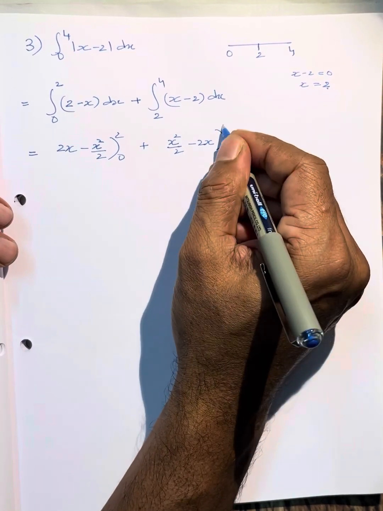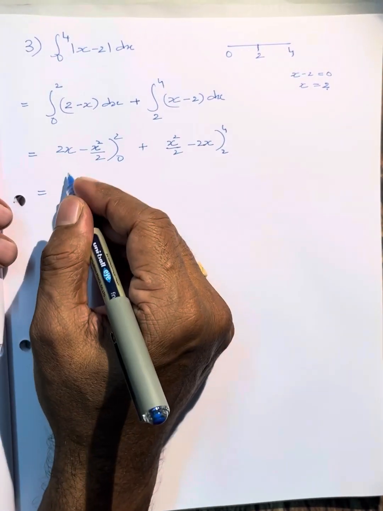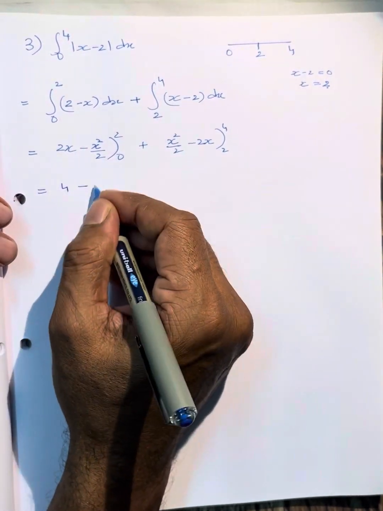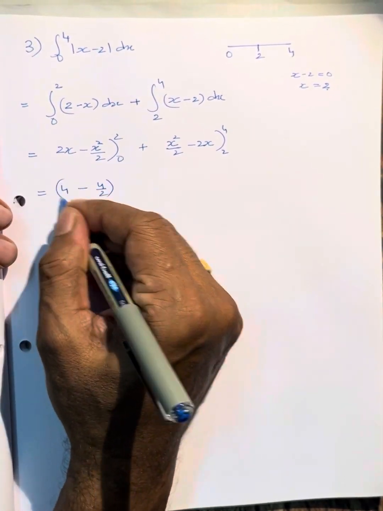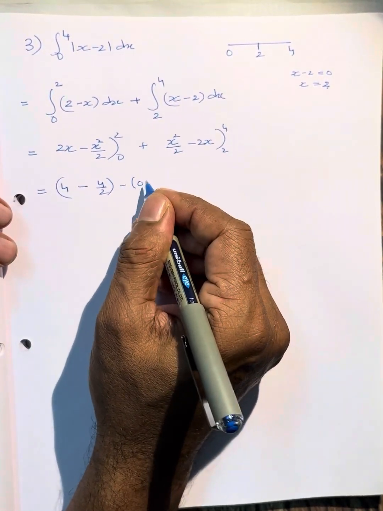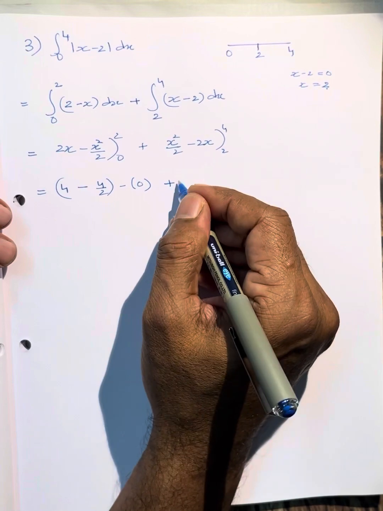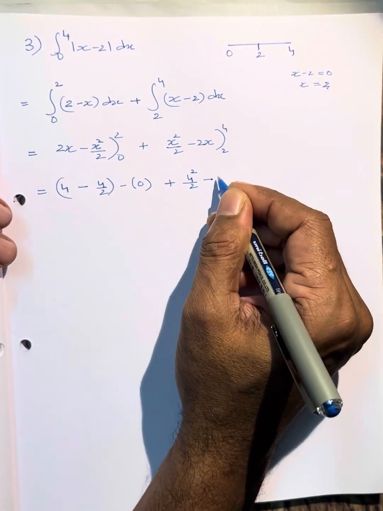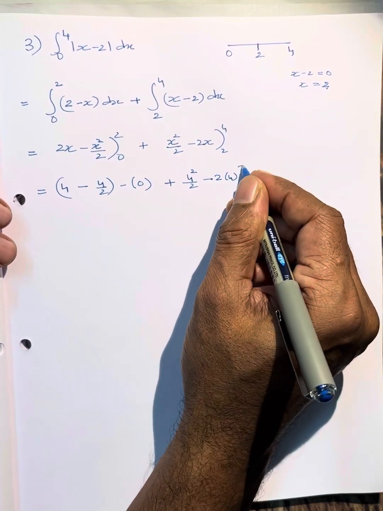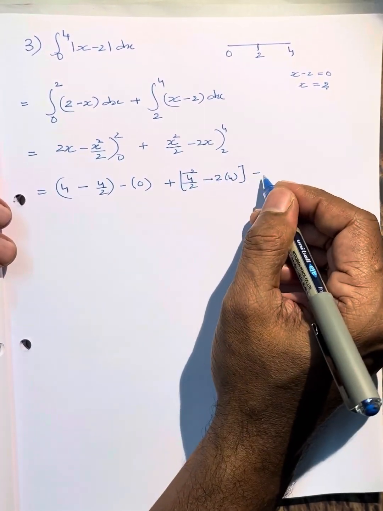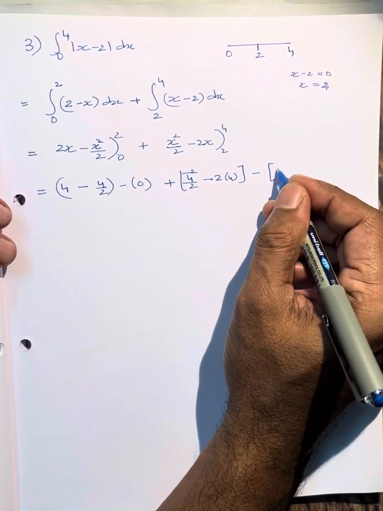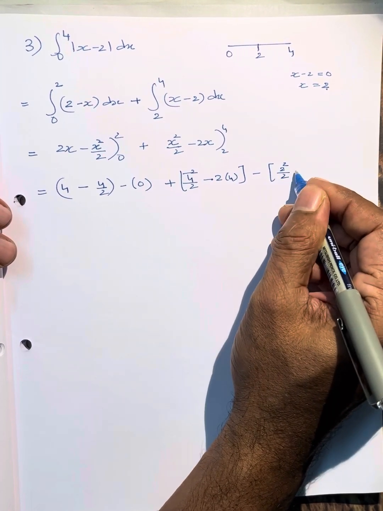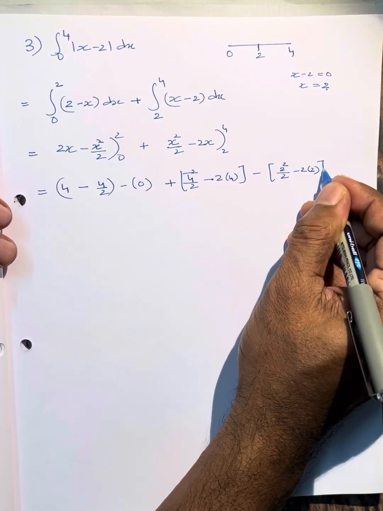that is 2 to 4. Now when you apply 2, it will become 4 minus 4 by 2 minus the 0. If you apply 0, you know that it's going to be 0, plus then when you apply 4, this 4 square by 2 minus 2 into 4, minus, when you apply 2, you will get 2 square by 2 minus 2 into 2.